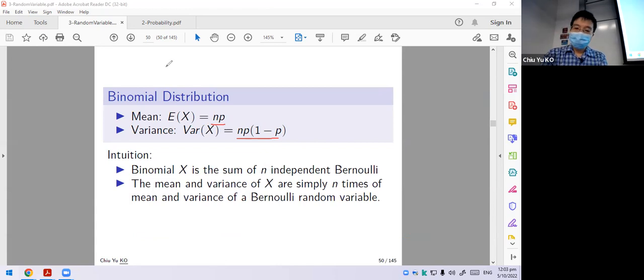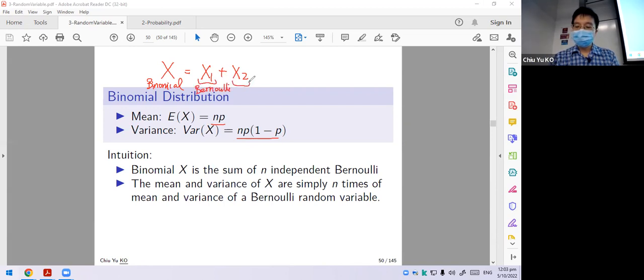Actually, a binomial random variable, suppose you have 2 outcomes, you can write as the sum of Bernoulli random variables. Suppose X is a binomial. You can write this as Bernoulli.